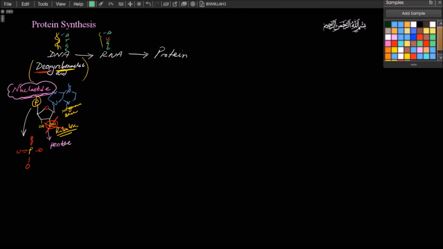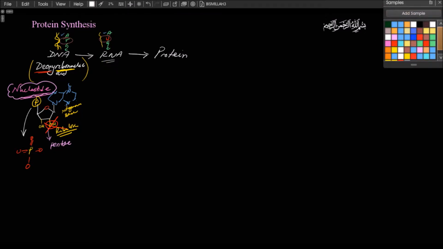Wherever there's a T in DNA, it would be replaced with a U in the RNA. Now, what's the big difference between thymine and uracil? Not a whole lot. They're almost identical molecules, but you never find a thymine in RNA. Okay, so that's the difference between DNA and RNA.